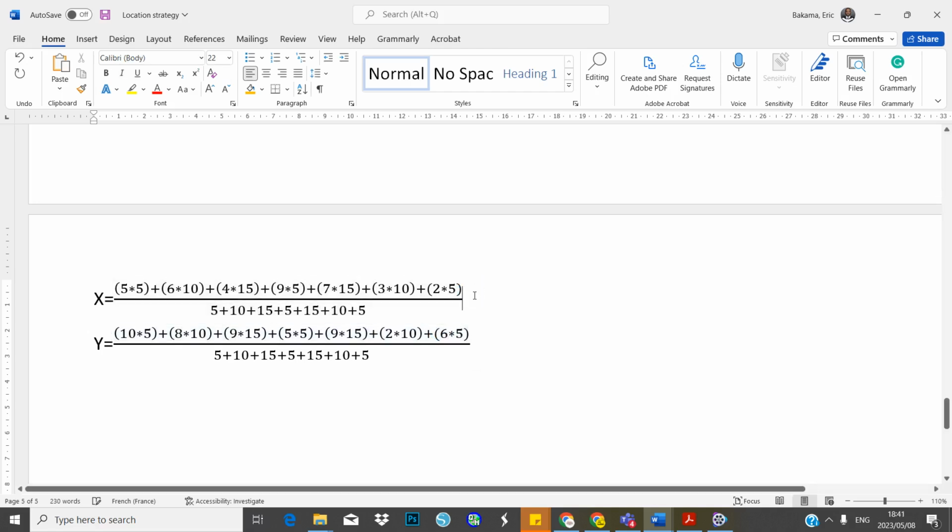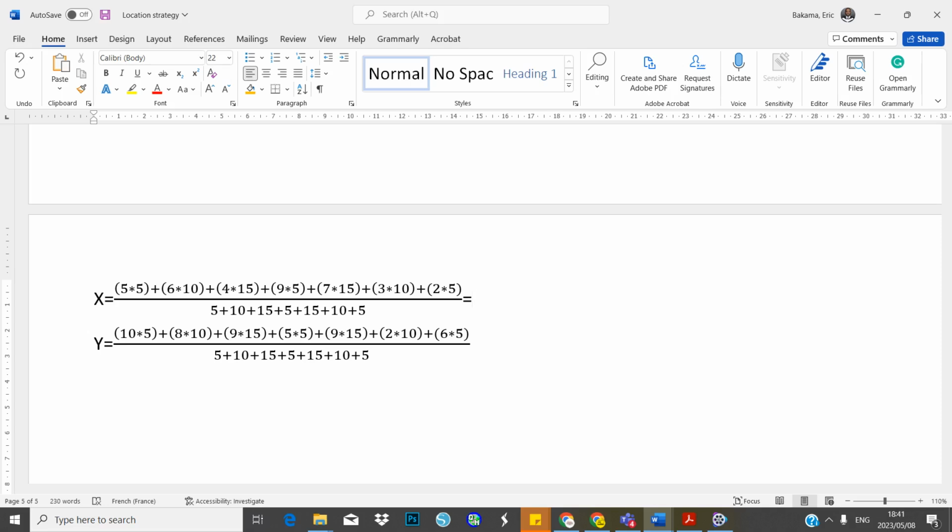Once I have all these values, whatever value I get is the value that will give me the correct location. So let me just check with my calculator. 4 times 15 plus 9 times 5 plus 7 times 15 plus 3 times 10 plus 2 times 5.